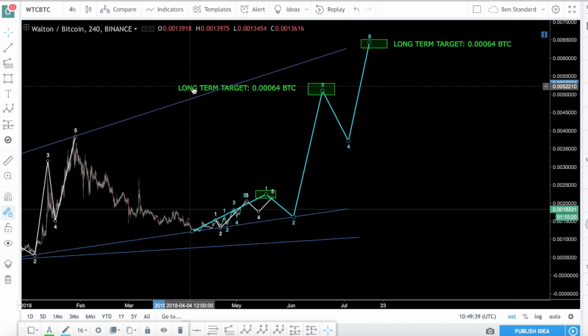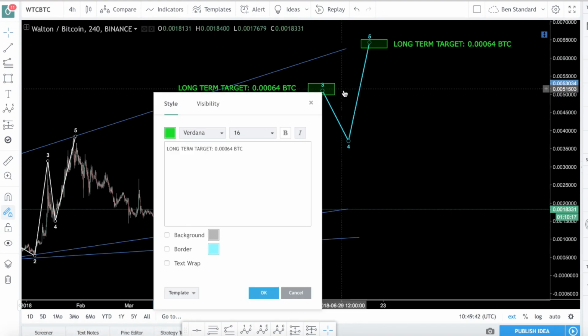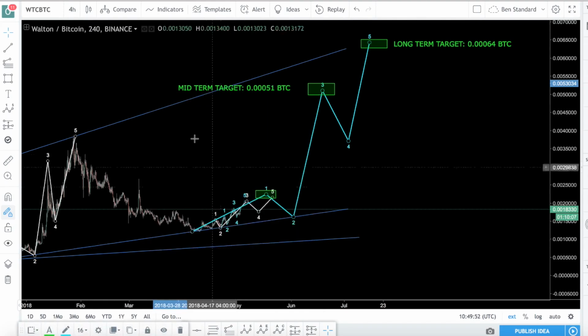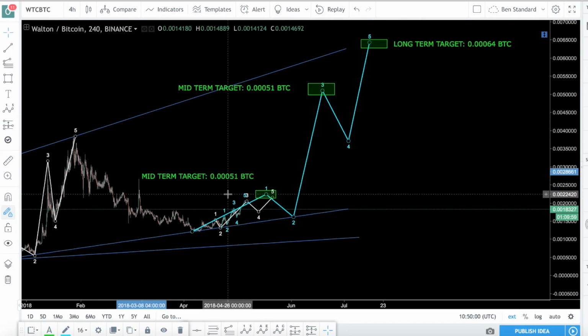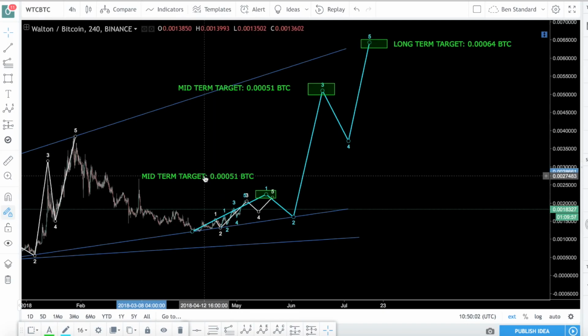And my midterm target would be around 51. And my short-term target would be around 224.